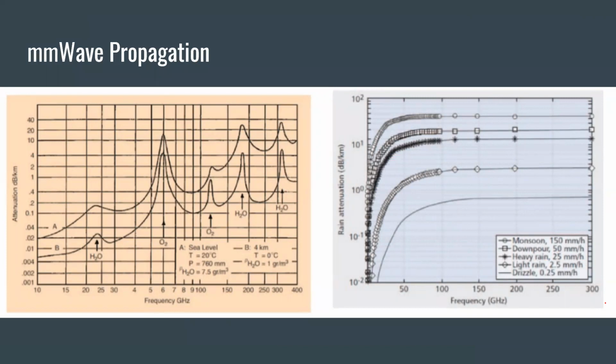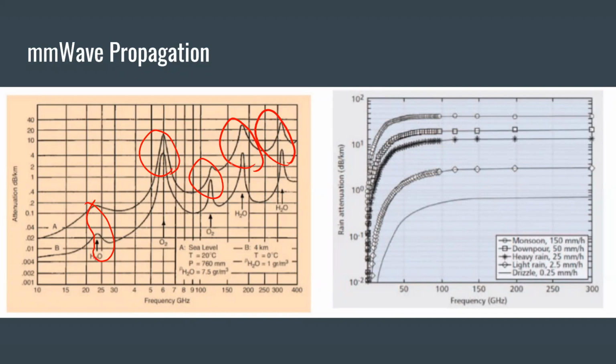And here from the left graph, we can see there is attenuation, for example, some peaks from H2O, and then there are some peaks from oxygen here, and there are other peaks from H2O as well. And this makes it a problem because we'd like high gain so that the receiver can properly process the signal. But then it's hard to do it when there's all this attenuation.